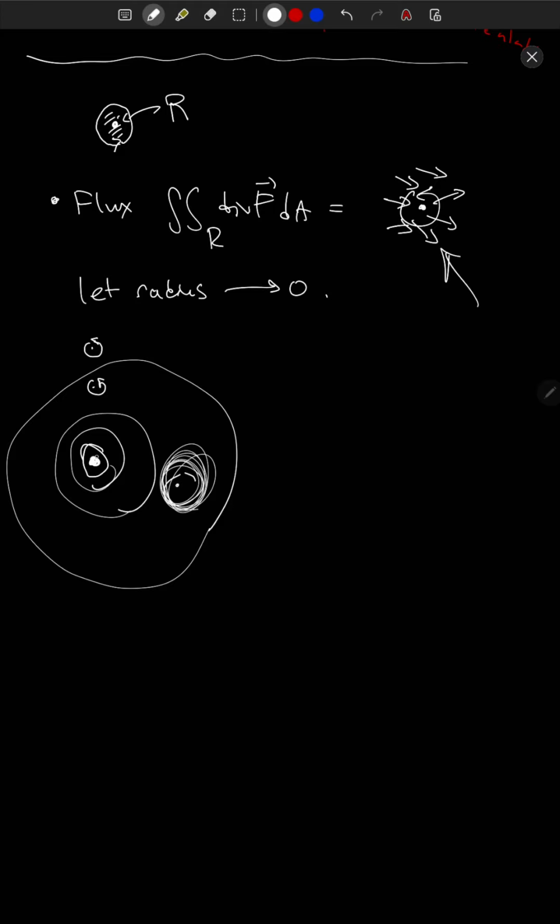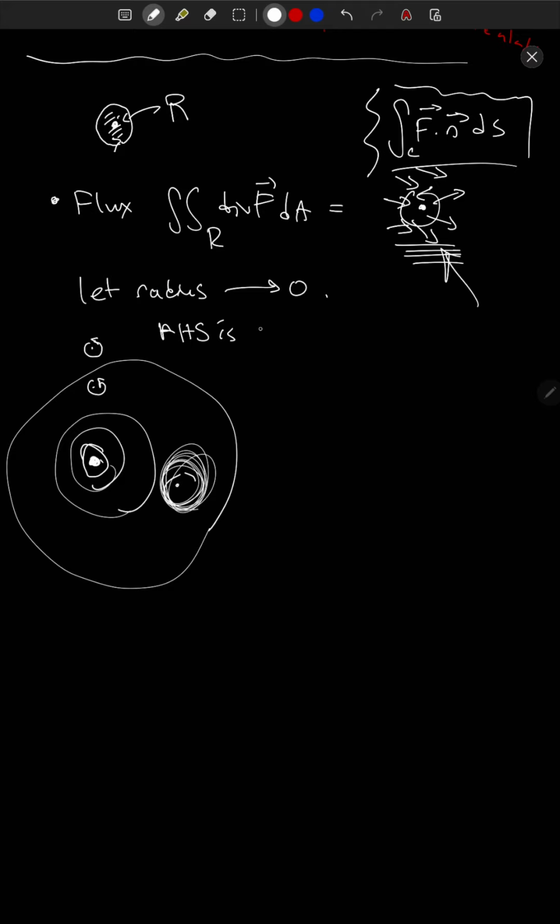So as I take smaller and smaller circles, the right-hand side, the integral f dot n ds, is more and more about what's happening at the point in the middle. This is very vague, but it's more and more about behavior at the center, as opposed to overall behavior.